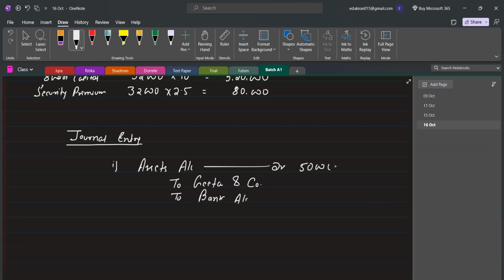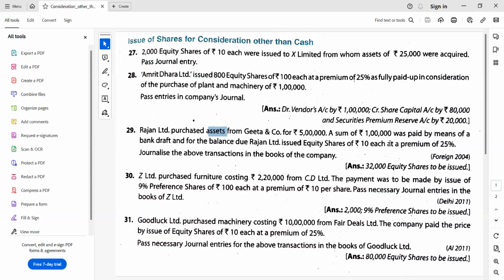Actually, the bank draft given can be written in both entries because it is not given whether the bank draft is paid at the time of purchase or later. We can pay the bank draft at the time of issue of equity shares, or at the time of purchase itself.